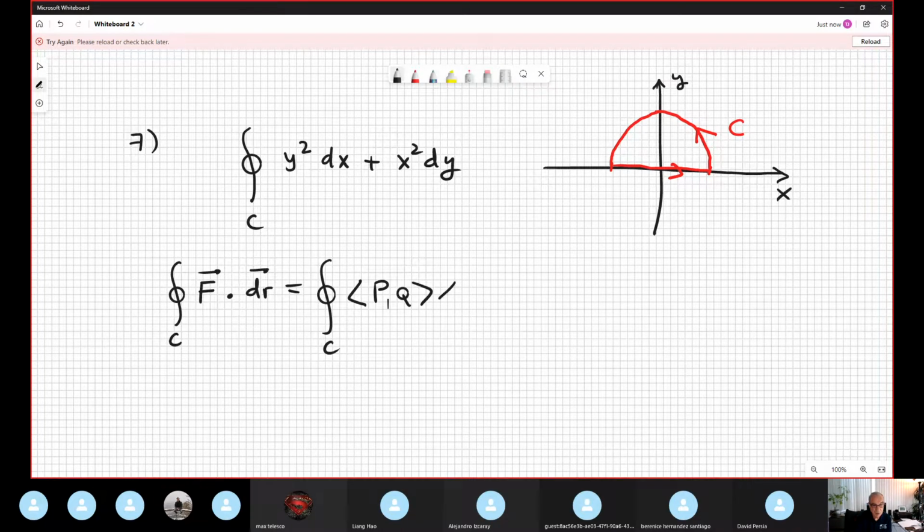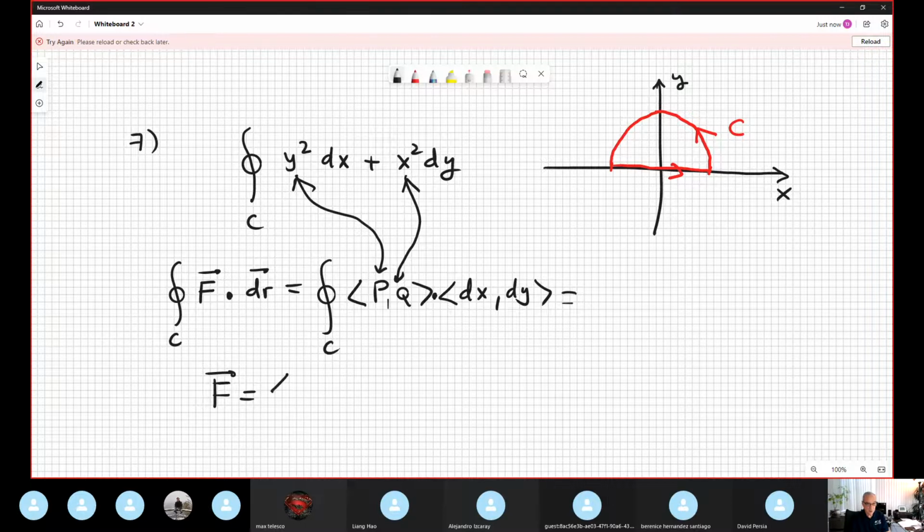Because it's two-dimensional, and dr is dx, dy. Okay, this is the dot product, the same dot product as over here. Now I discover obviously P is y squared, and Q is x squared. This is my vector field. I copy my vector field here: y squared, comma x squared.